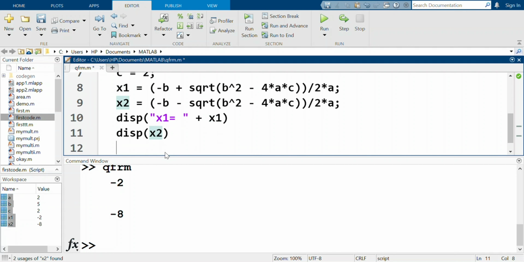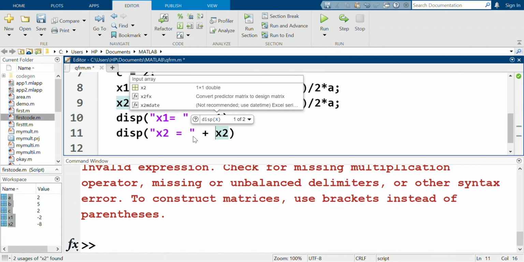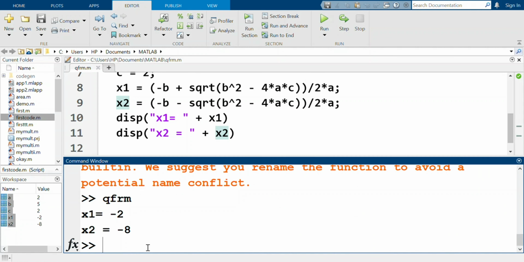You want to say a text saying that x2 equals this. Then MATLAB will print it. So just run it. MATLAB is giving us an error. Yeah, there is no plus here. So you have to say plus. Run it. Yeah, x1 equals -2 and x2 equals -8. This is how it works.